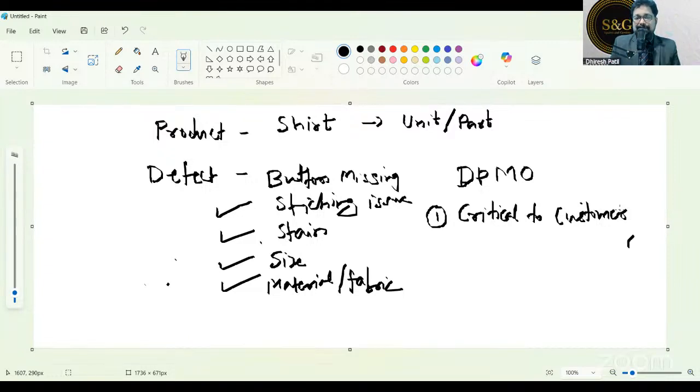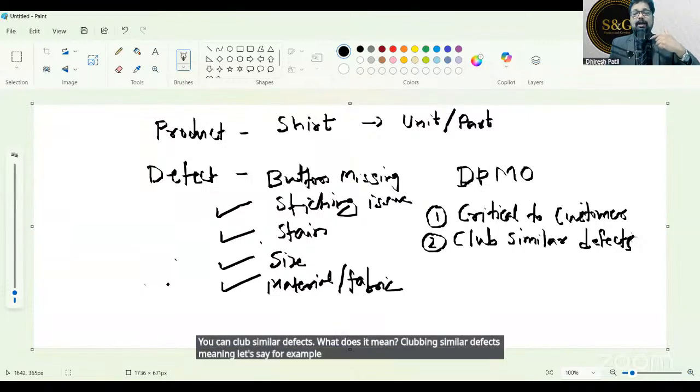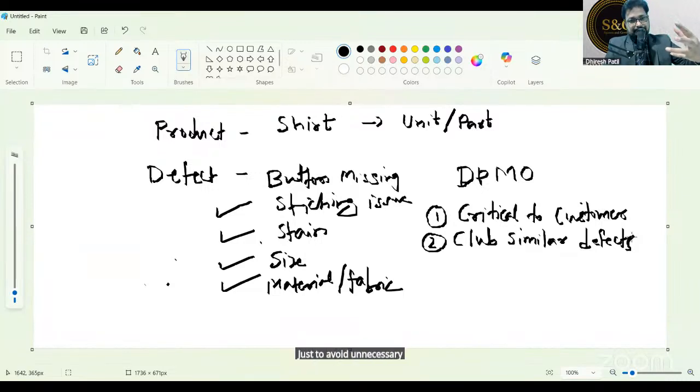Okay, second point is, you can club similar defects. Write this down, I will explain. You can club similar defects. What does it mean? Clubbing similar defects means, for example, button missing on the top, button missing on the collar area. You can club these defects and call it button missing, just to avoid unnecessarily inflating the numbers.